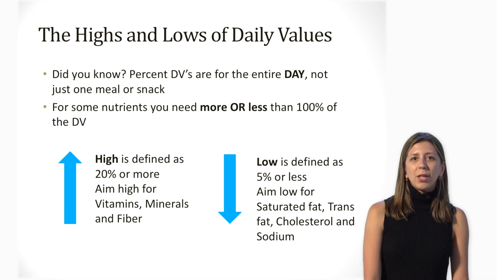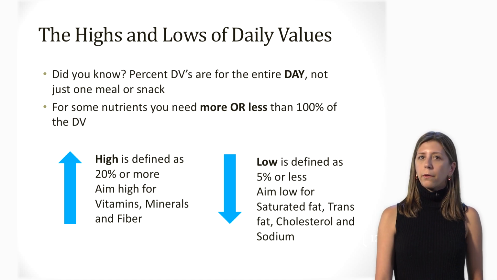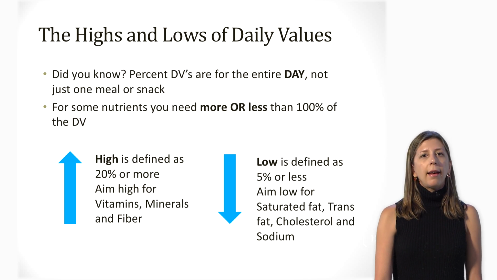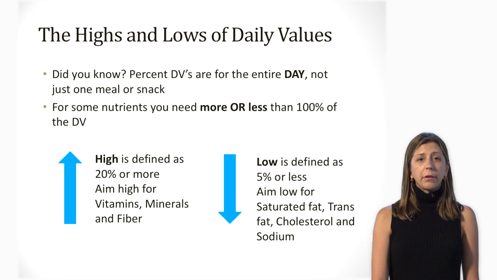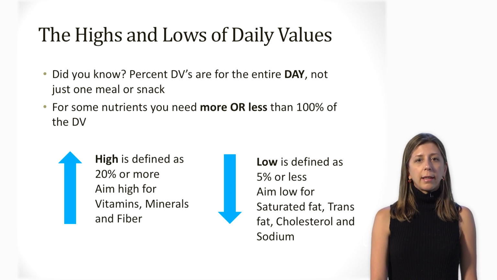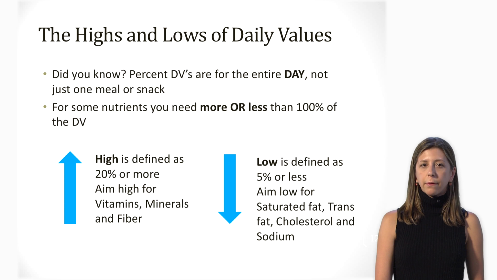For most nutrients, you want to hit 100%, especially for shortfall nutrients that we're not getting enough of in the American diet, like calcium, vitamin D, potassium, fiber, etc. However, for some nutrients that we've come to understand from science may be harmful for health, you want to aim lower when you're looking at food labels.